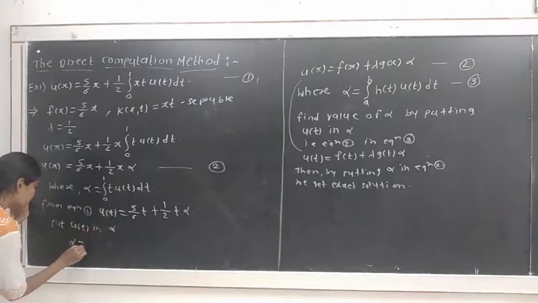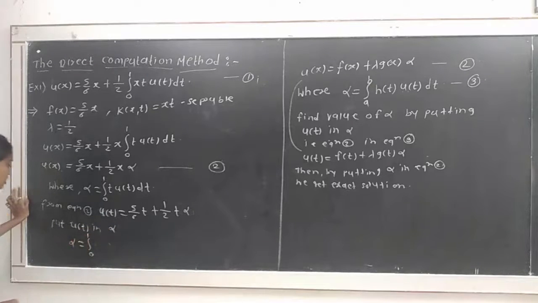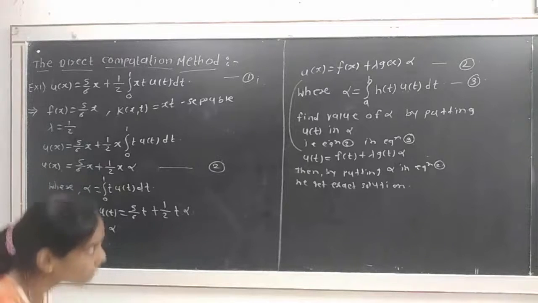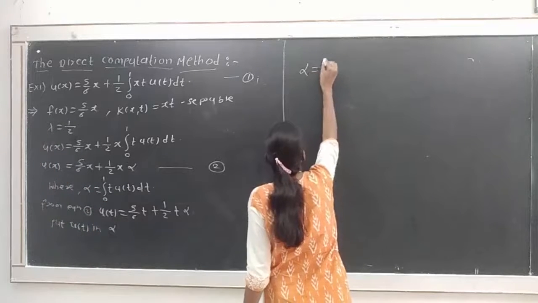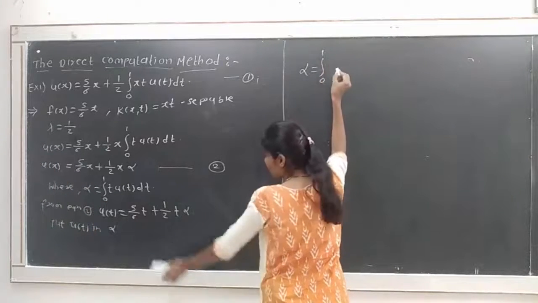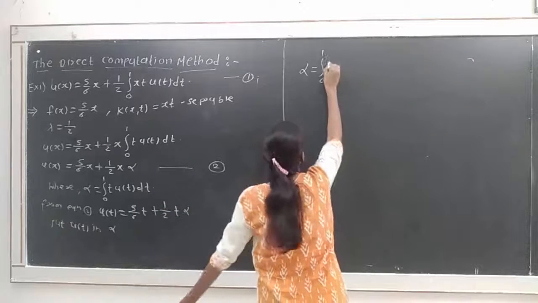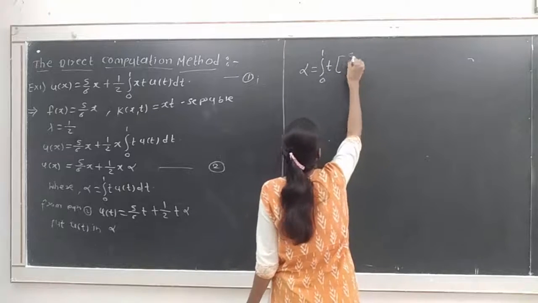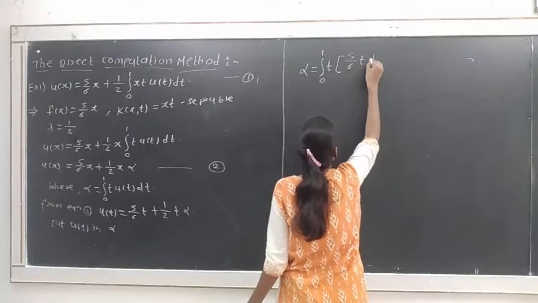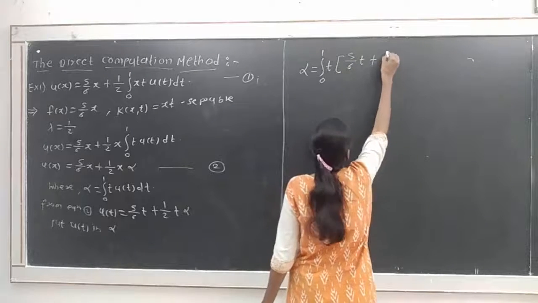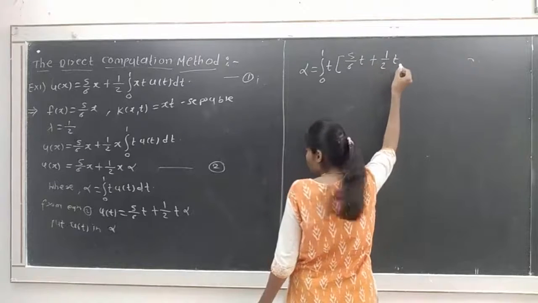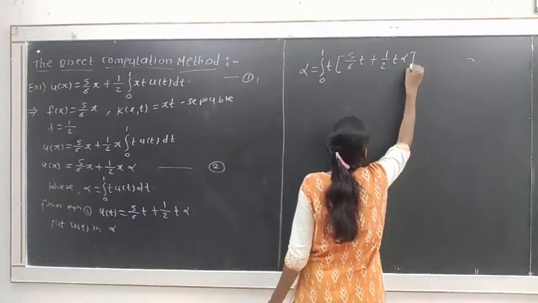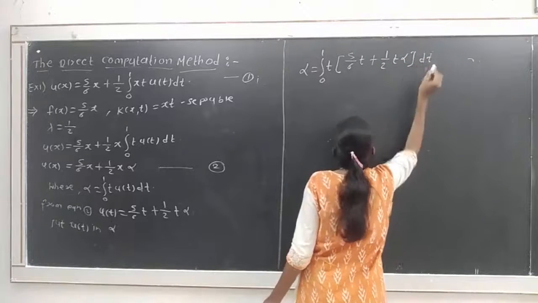We get alpha is equal to integration from 0 to 1. Okay, or we can write alpha is equal to integration from 0 to 1, t will be as it is, and we write the value of u of t in brackets, that is 5 divided by 6 into t plus 1 divided by 2 into t into alpha dt.